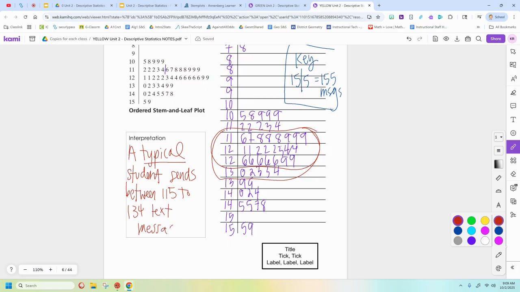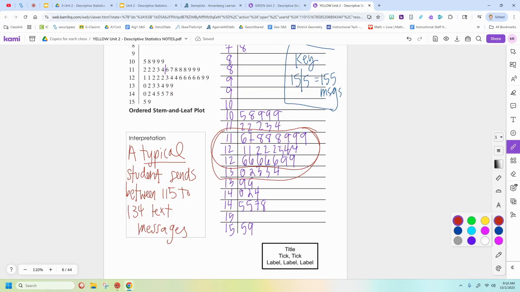So we're just kind of looking at that center. We're not too concerned about an outlier at this point, right? Number of text messages is not significant enough of a concern to worry about outliers on either end, except maybe on the high end, right? If someone had 1,000 text messages in a week, you might be wondering what's going on in their life, right? At least for this data set.